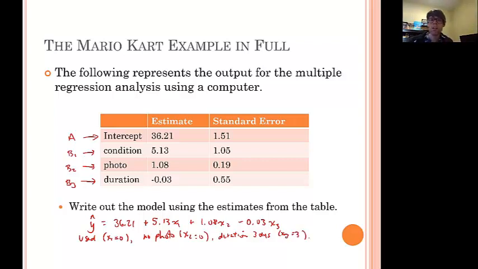I now have the ability to guess at what kind of final selling price I should see. And all we're going to do is just sub in for our variables.